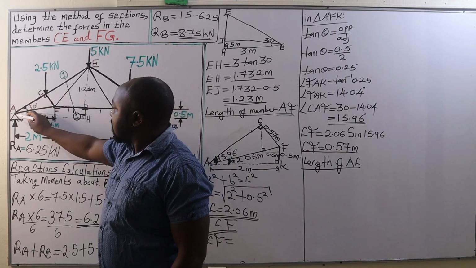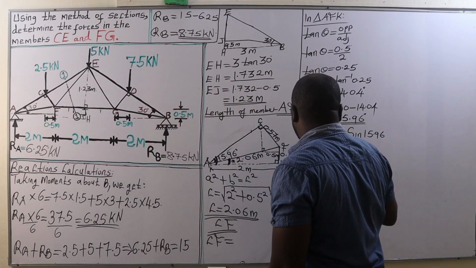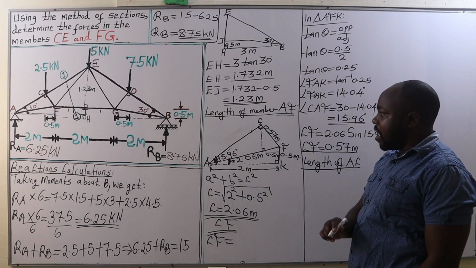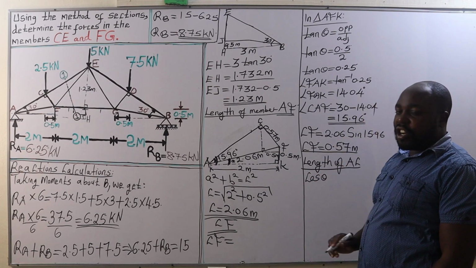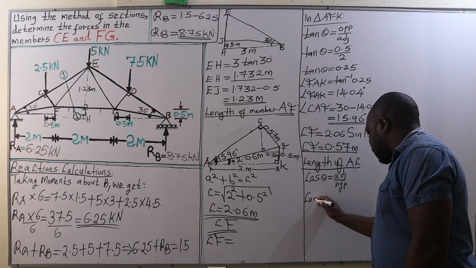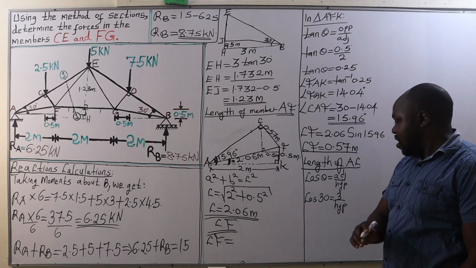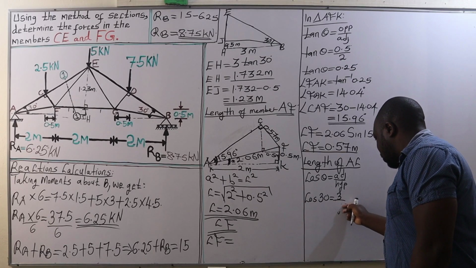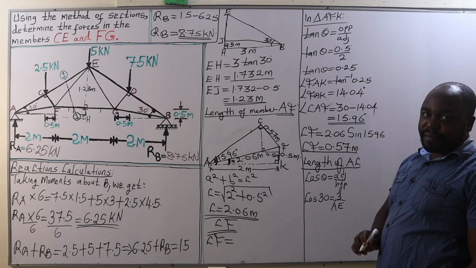So we have the adjacent and we need the hypotenuse. Remember, cos theta is given by adjacent divided by the hypotenuse. Therefore, cos 30 degrees will be given by the adjacent, which is 3 meters, divided by the hypotenuse, which is the length of AE.